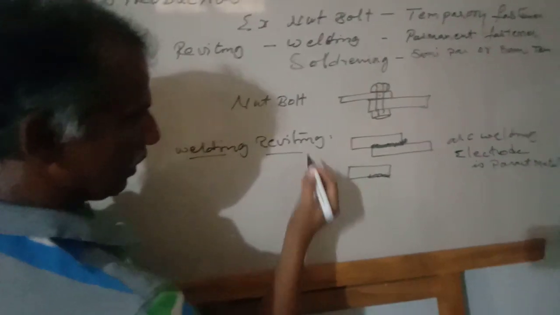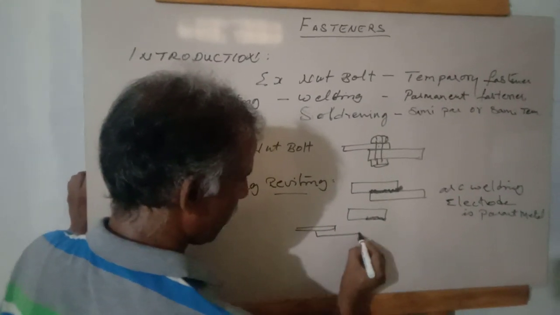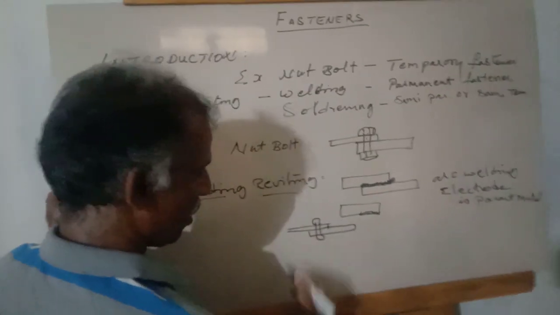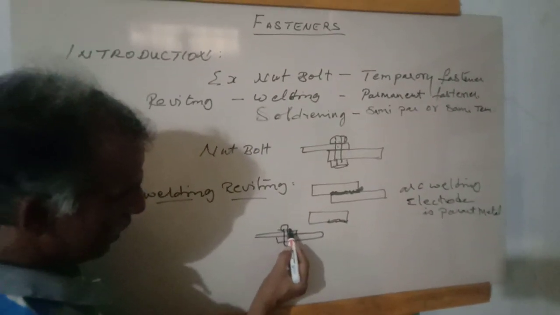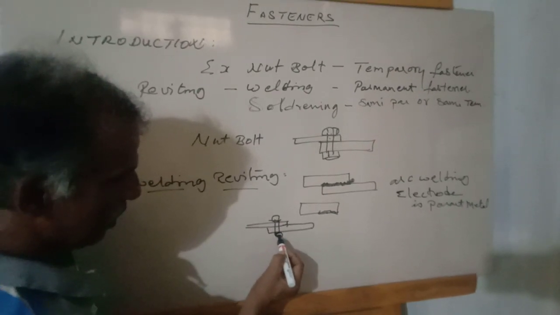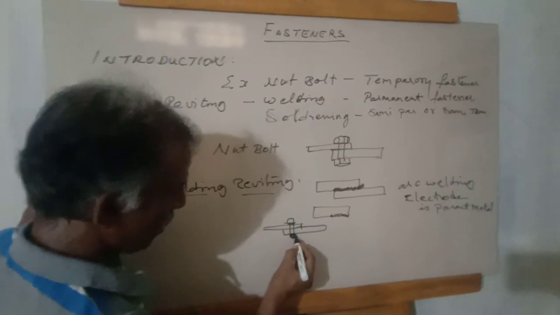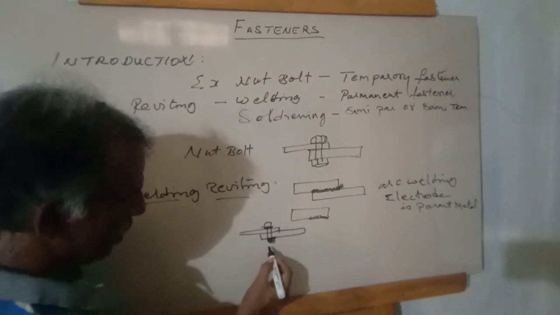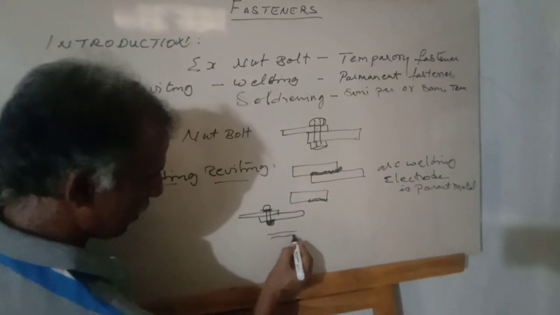Now we'll go for riveting. When you join two thin sheets with a rivet and you want to dismantle it, you have to grind the head on both sides, the tail side, the formed tail head side, and the head side. When you remove the material, the sheets will get spoiled due to grinding, and after grinding the rivet we can remove the sheets separately.